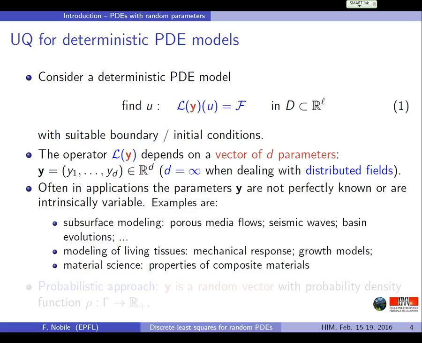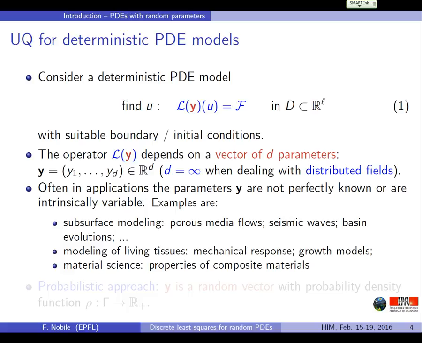And you can think of many situations where these techniques are of interest and now are being used to some extent. For instance, subsurface modeling. You would like to model, for instance, the flow of water, oil, gas in a porous medium, and it's clear that you have very little characterization of the properties of the medium. So it's quite common in geostatistics to describe the medium as a random field, even though it's not random.